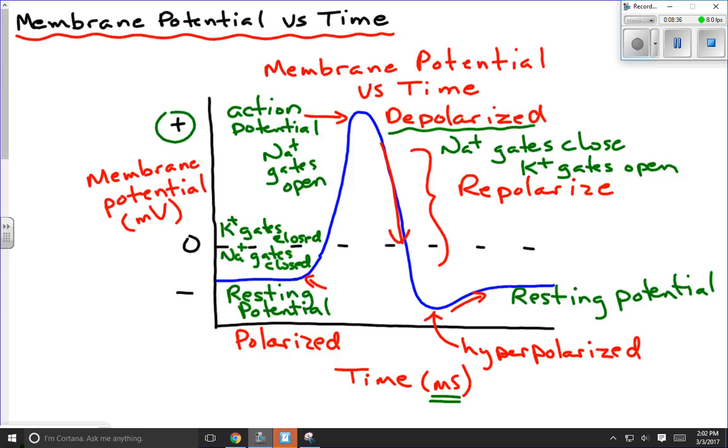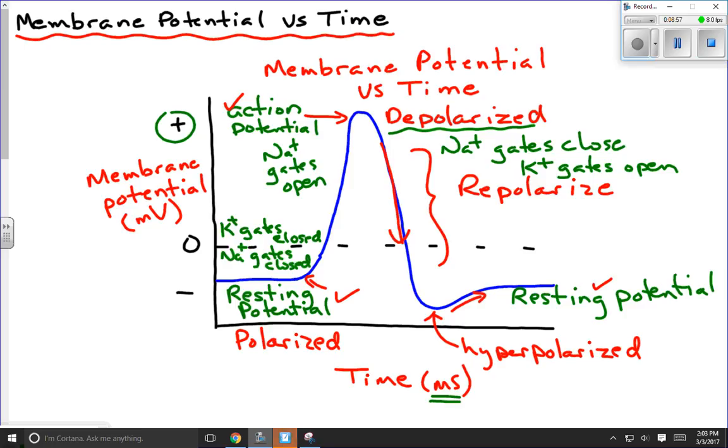This happens very quickly. The neuron goes from resting membrane potential, polarized, to action potential, depolarized, then it repolarizes and ends up back at resting membrane potential all over again, all by just sequentially opening the potassium gates and the sodium gates at the right time.